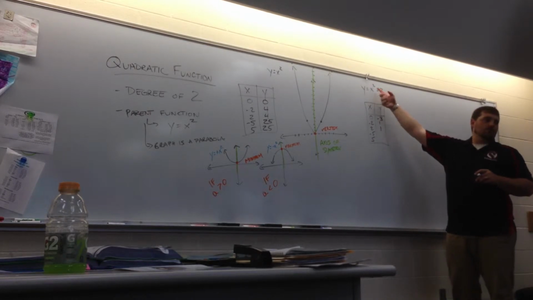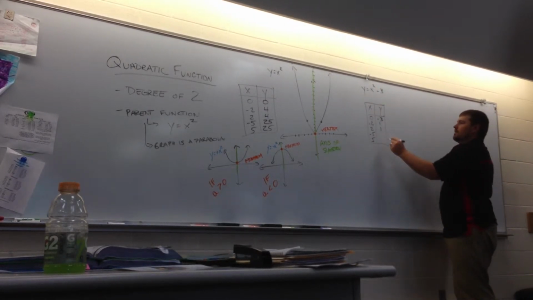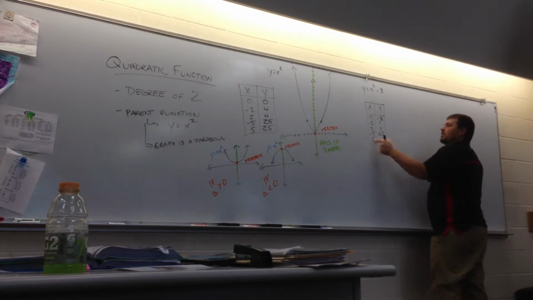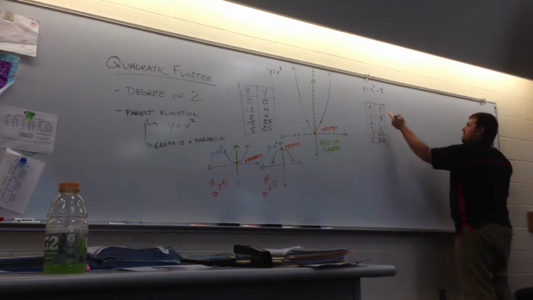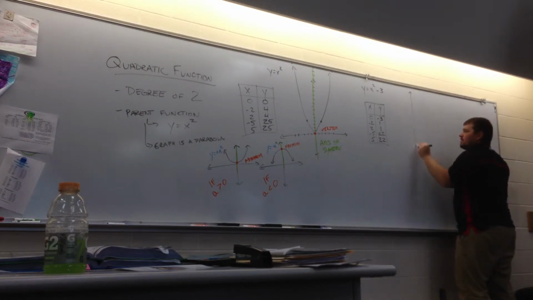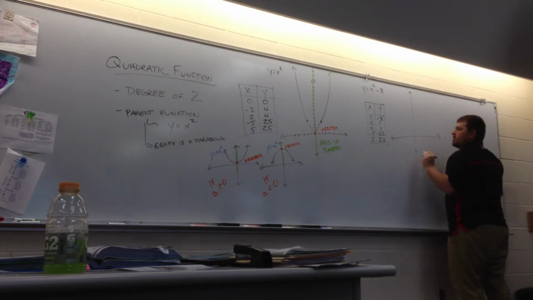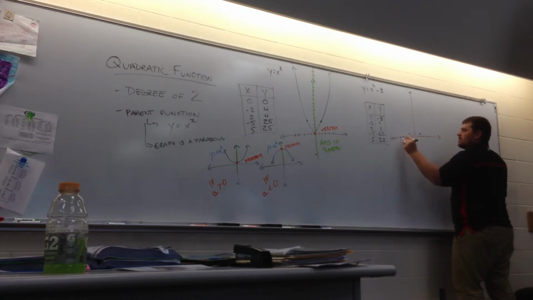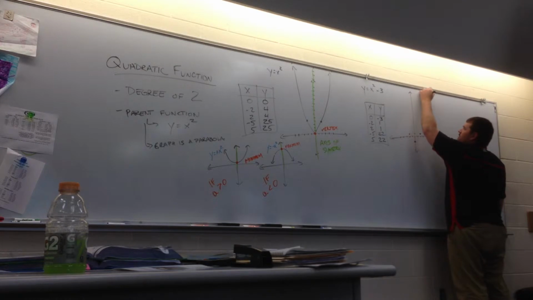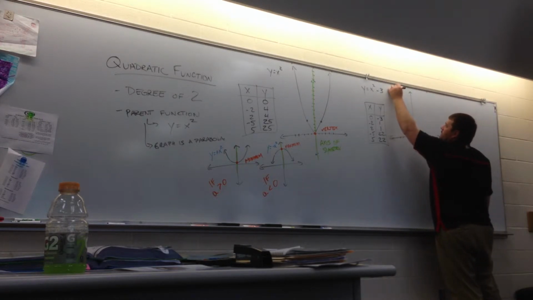Negative 5 squared is 25, 25 minus 3 is 22. 5 squared is 25, 25 minus 3 is 22. So if I take these ordered pairs and compare them to those, we've got 0, negative 3, negative 2, 1, 2, 1, and then 5, 22, and negative 5, 22.